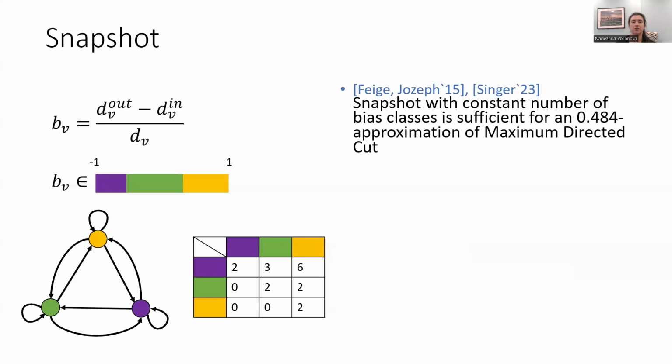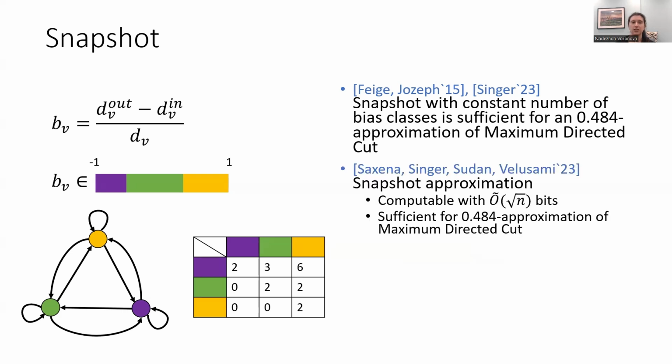It was shown that there is a way to split up biases into constant number of bias classes in a way that the snapshot is sufficient for 0.484 approximation of maximum directed cut. This result was used in the upper bound, square root of n classical upper bound, where the authors showed that an approximation of a snapshot is computable in square root of n memory, and this approximation is sufficient for the previous result to go through.